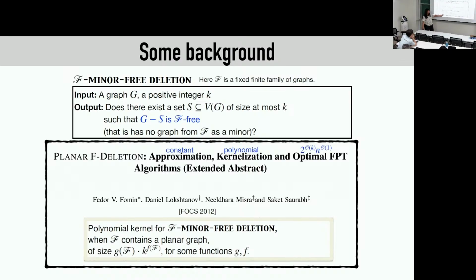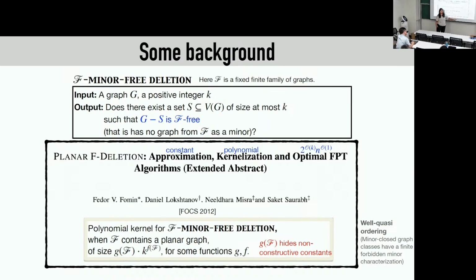There are two features of this size that are interesting for the purposes of this talk. One is that the leading constants in this kernelization size are non-constructive. If you ask me what the real size of the kernel is, I can say it's order k to the power some function of F, but I cannot tell you what those constants are in the order notation, because these constants come from the well quasi-ordering theorem.